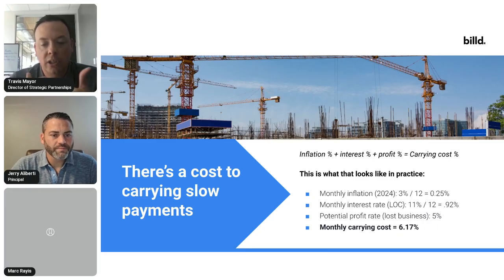So knowing the cost of slow payment, how it affects the finances of the business, the strategy, and operations, can actually help you put processes in place that allow you to be paid faster or grow more or increase profitability.